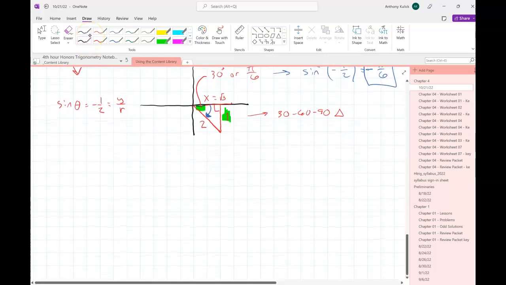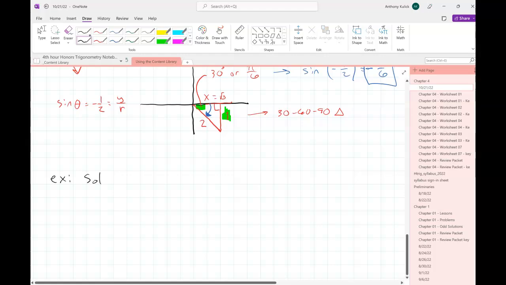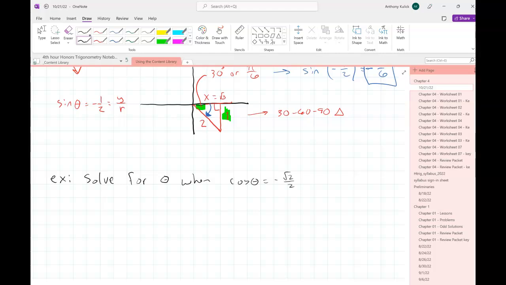Now, I want to note the difference between if we ask you to solve for theta when cosine theta is equal to negative root 2 over 2, and theta, well, let's actually make this between 3 pi and 4 pi.